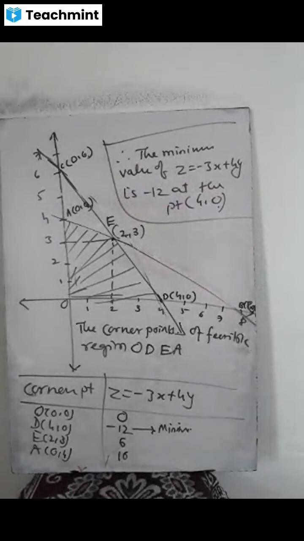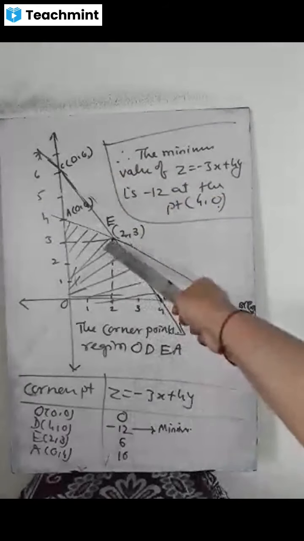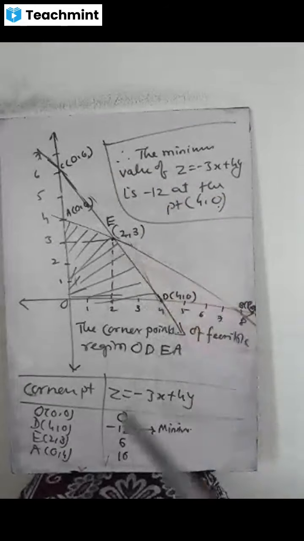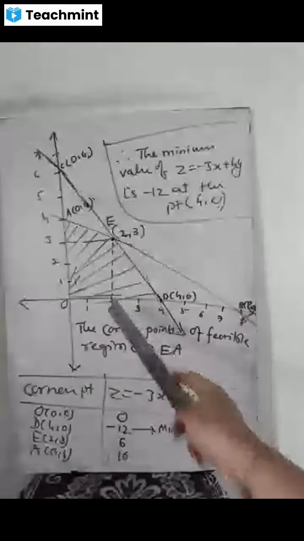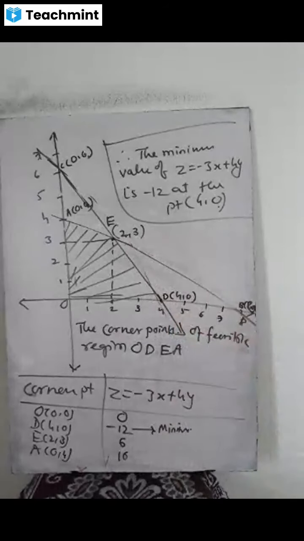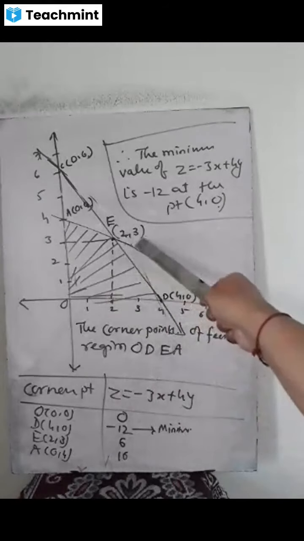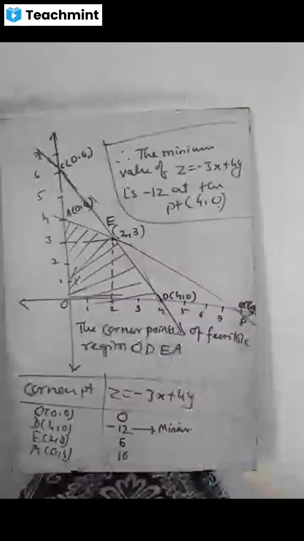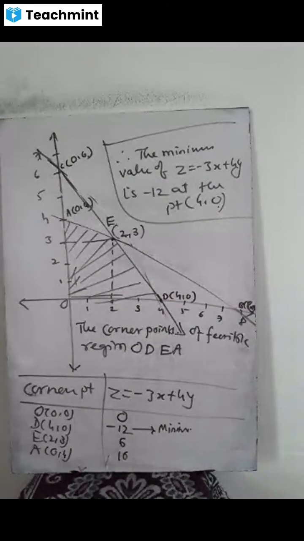After drawing the two straight lines, you will see that E is the point of intersection, and if you draw the perpendicular here, you will get the point as (2, 3). The values you got previously after solving these two equations for x and y are 2 and 3, and here also by the graph we got the same value.